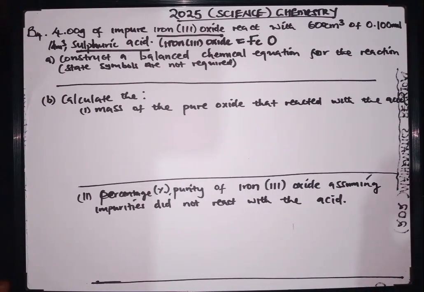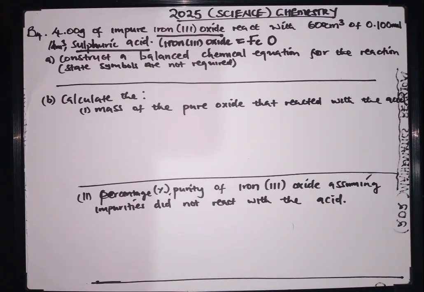To find the valence of a non-metal, you subtract the group number from 8. So since oxygen is in group 6, you subtract 8 minus 6 to get 2. So the valence for oxygen is 2 and the valence for iron is 3.